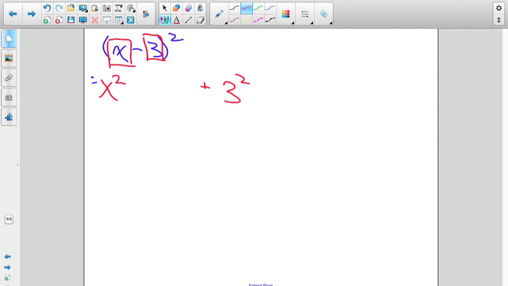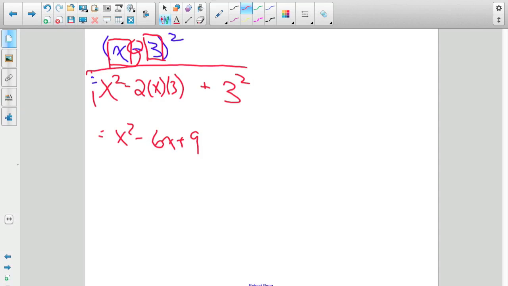And then minus 2 times each of these multiplied together, x times 3. So basically that comes up to what Daniel said, that's equal to x squared minus 6x plus 9. But does everybody remember this part? I just want us to refresh our memories on how we do something quantity squared. So we go back.